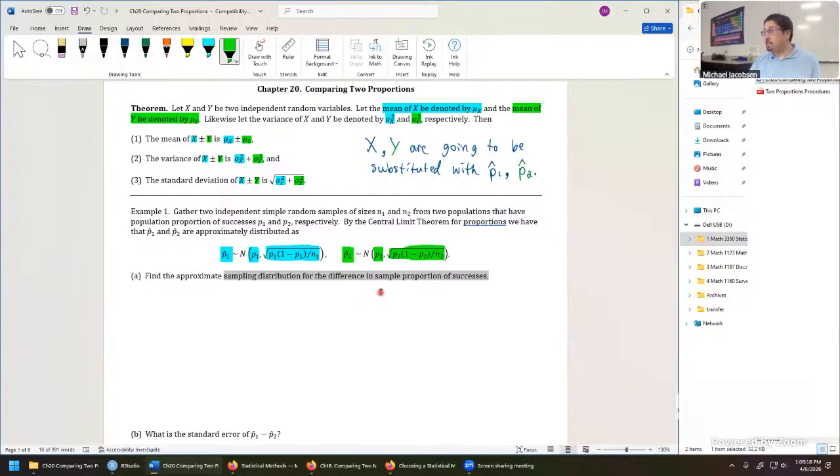Okay, well, to get the sampling distribution of the difference in sample proportion of successes, we have to know what its center is, the mean. That's what part 1 of the theorem above is providing. So we can start by saying, with that in mind, the mean of p hat 1 minus p hat 2, the difference in sample proportion of successes, is P1 minus P2.